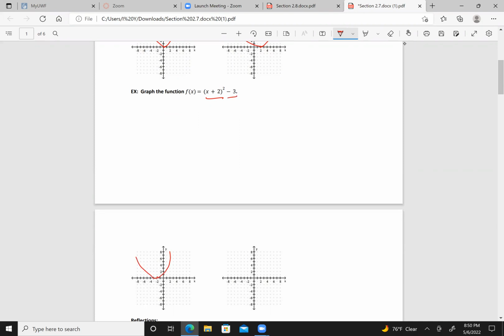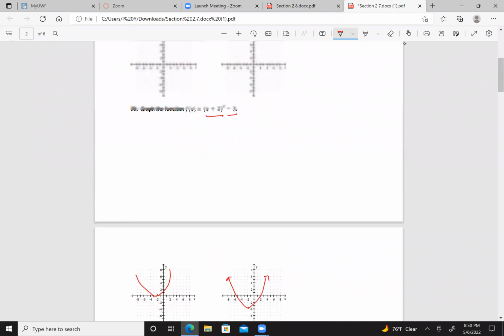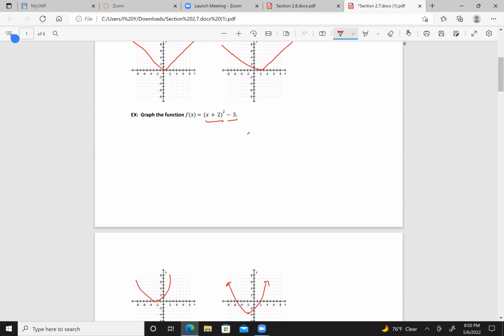This means we're going down 2 units, which would bring us down here. As we'll learn later, our vertex is negative 2.